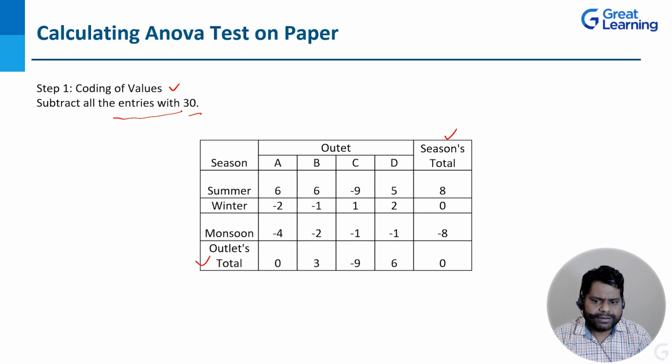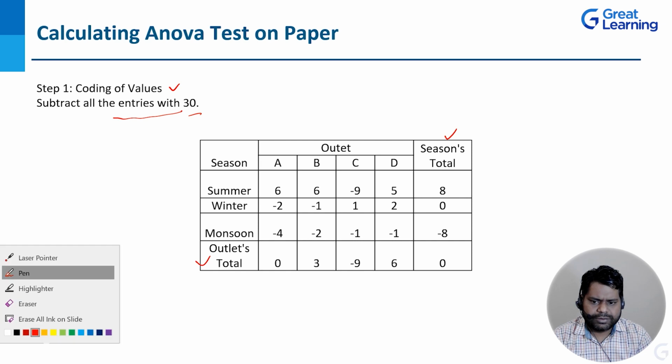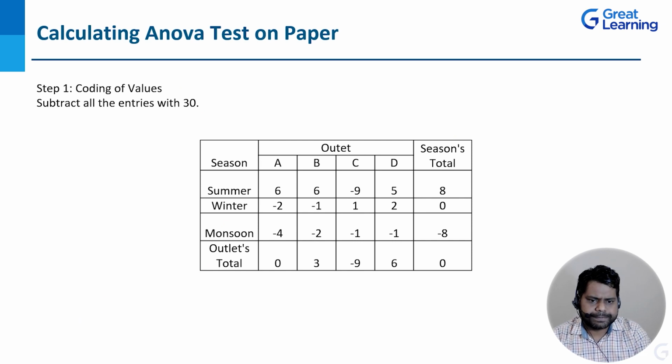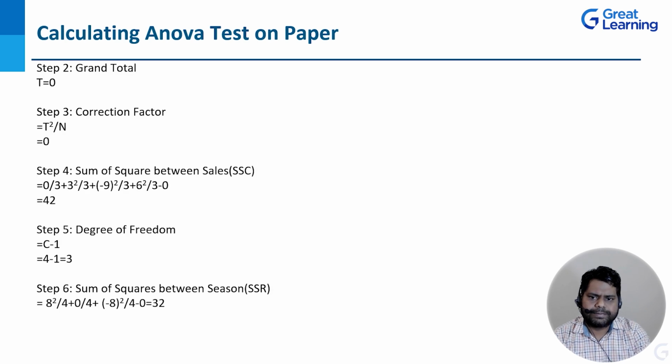Now we have much smaller values with which we can do the calculation easily. Sometimes you may not find a value which you can subtract, divide or multiply to make the maths easy. In that case, we cannot perform this step and we go with the normal process.